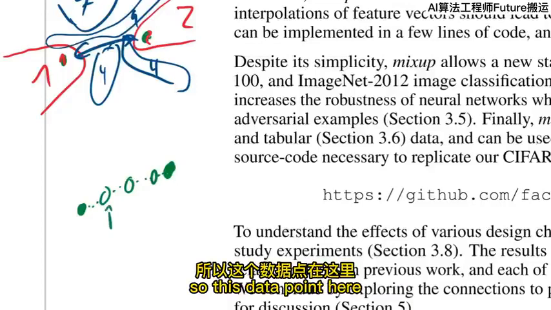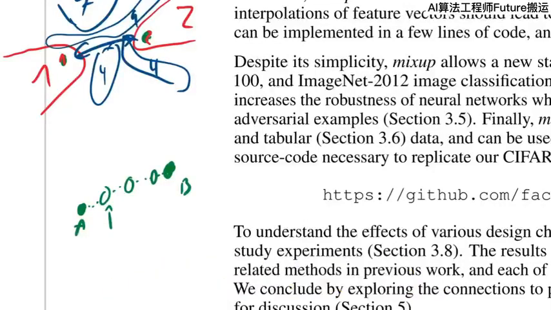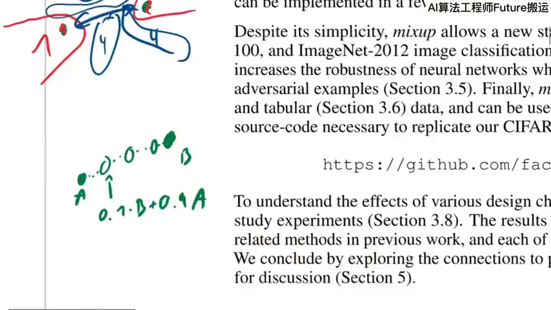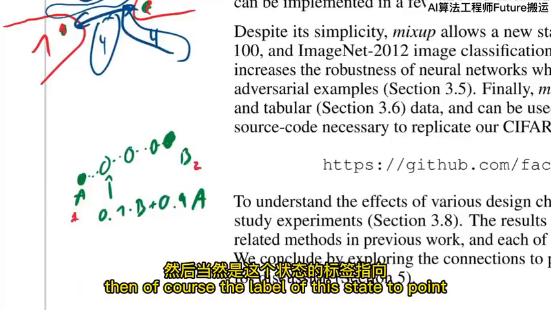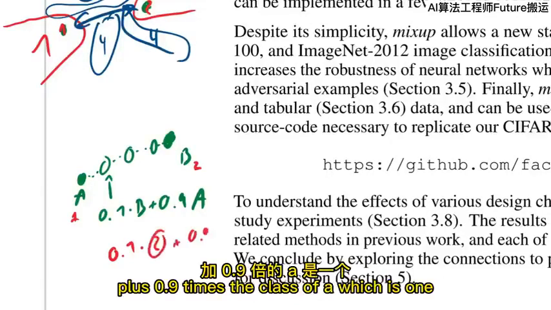So this data point here might be constructed, if this is A and this is B, from 0.1 times B, right, and plus 0.9 times A, because it's mostly A and it's a little bit B. And now you think, what are the labels here? If A belongs to class 1 and B belongs to class 2, then of course the label of this data point is 0.1 times the class of B, which is 2, plus 0.9 times the class of A, which is 1.